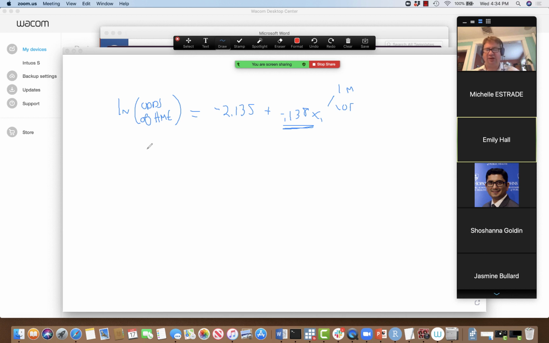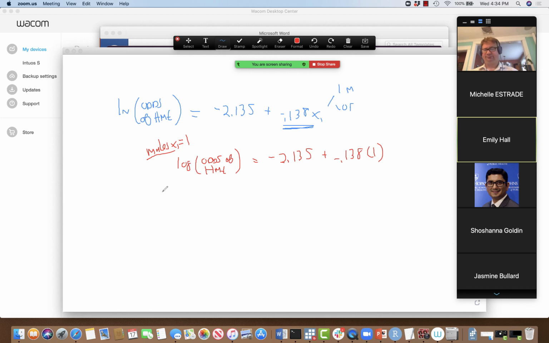So we have males who are 1, and what? Their estimated log odds of having high medical expenditures is equal to negative 2.135 plus negative 0.138 times 1.